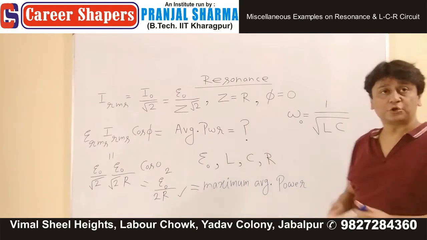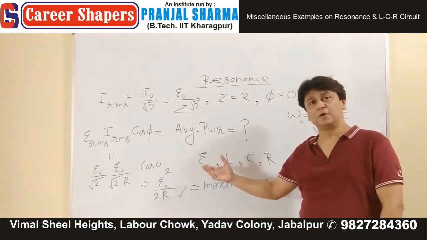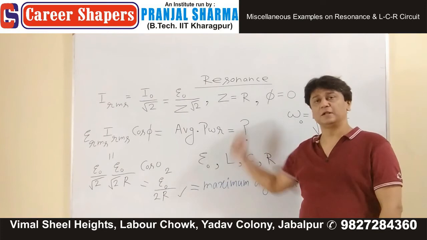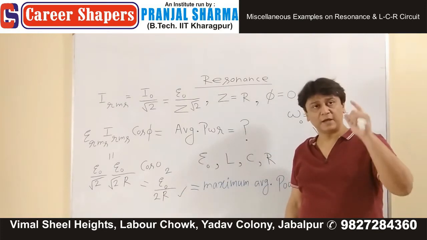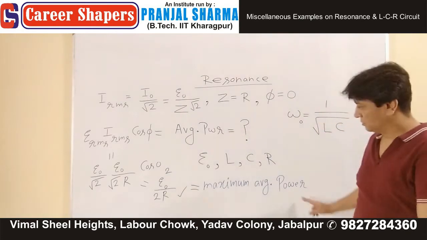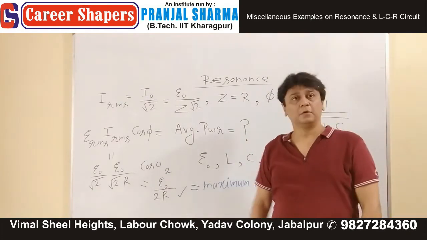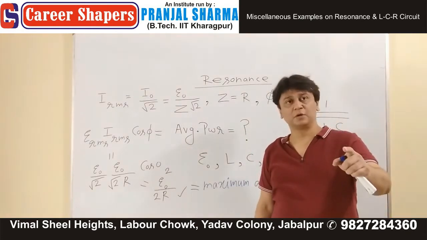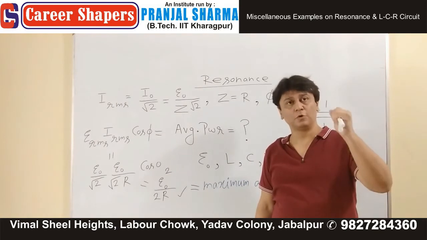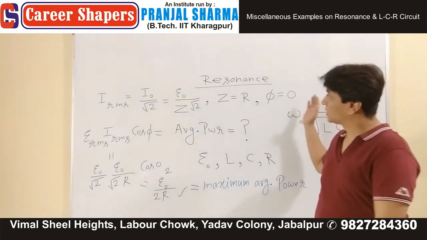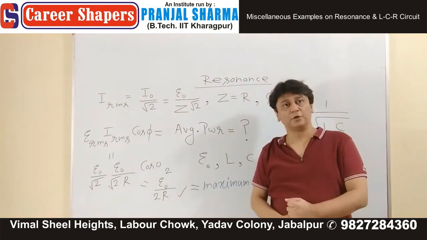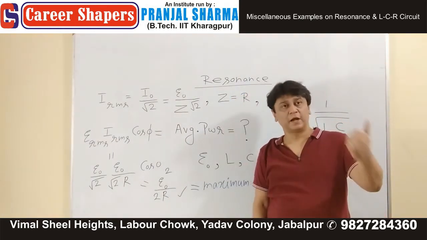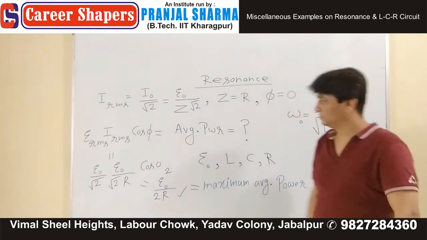So they can ask you to find out average power during resonance, or they can simply ask you what is average power and its maximum value. So when power consumption is maximum, you know that the circuit is in resonance. Current, its peak value, which is I naught, takes the maximum.